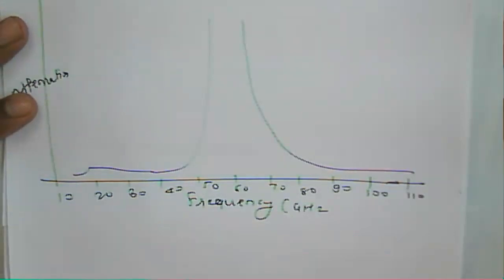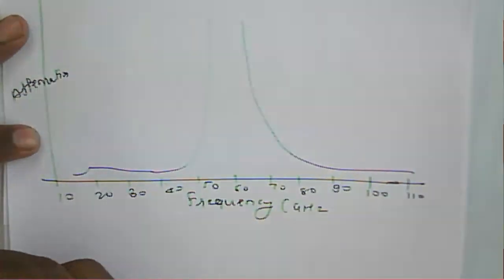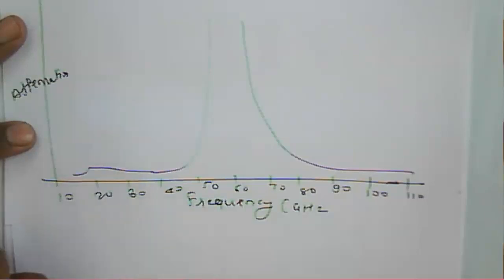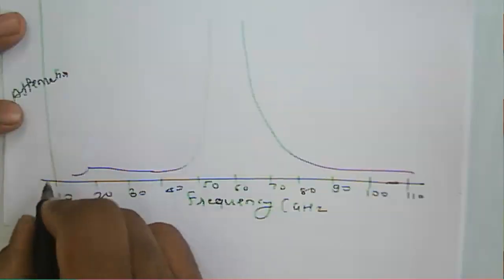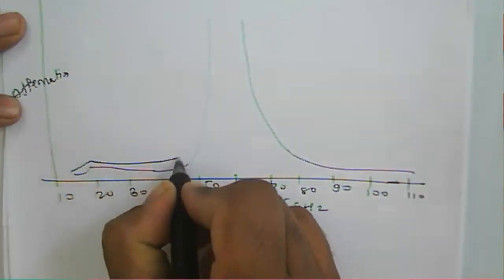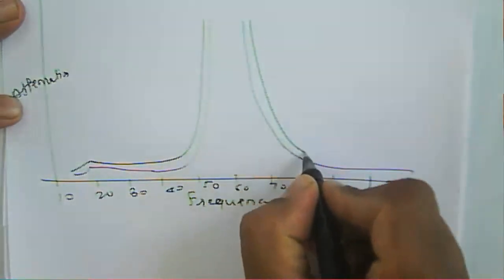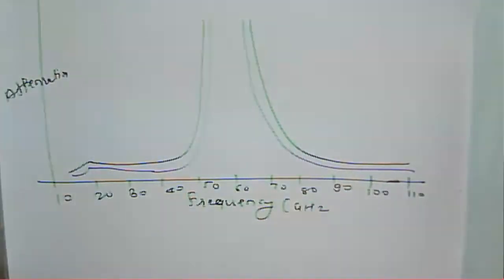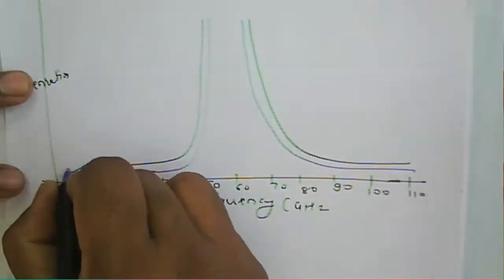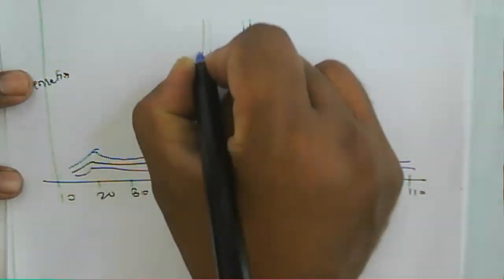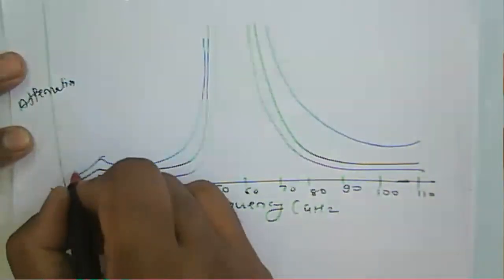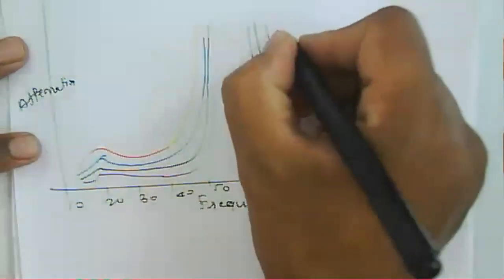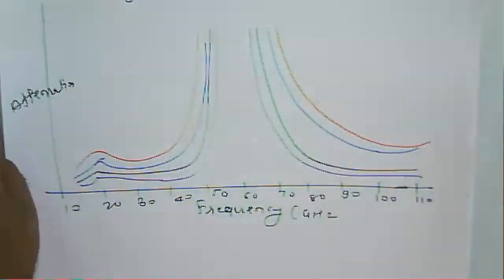This one is the attenuation that occurs at that elevation angle. I just draw first, then I'll type the elevation angles. This is the elevation angle, and this is the attenuation of the signal with frequency.